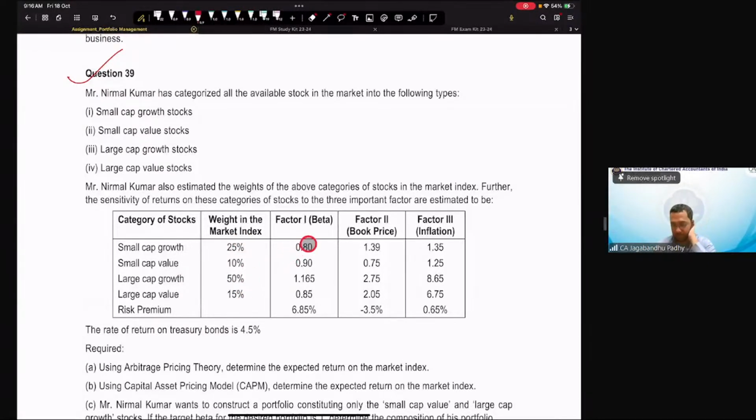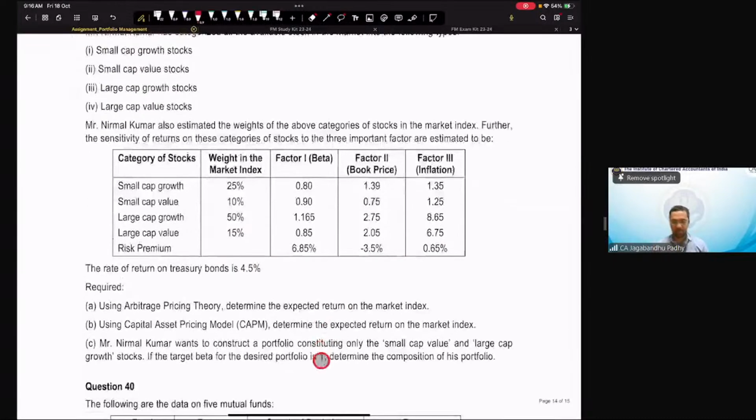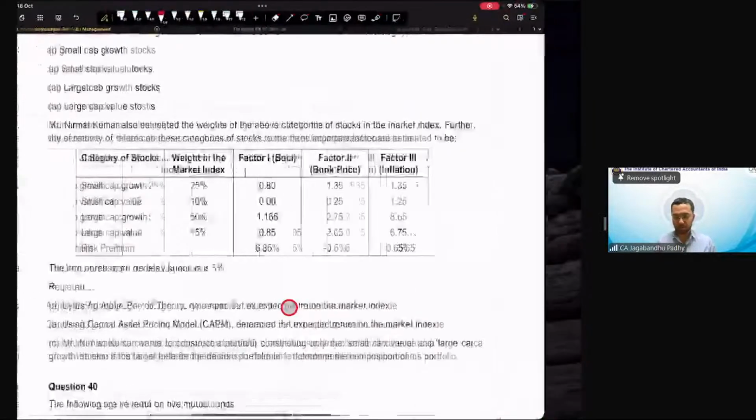Factor 1 beta, factor 2 beta, factor 3 betas are given. Rate of return on treasury bonds is 4.5%. Now it's asked, using arbitrage pricing theory, determine the expected return of the market index.